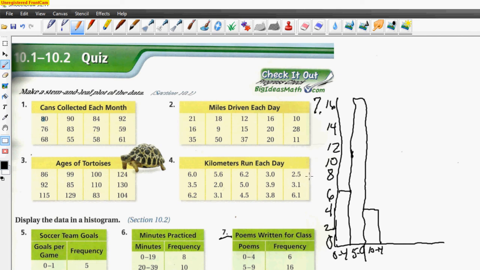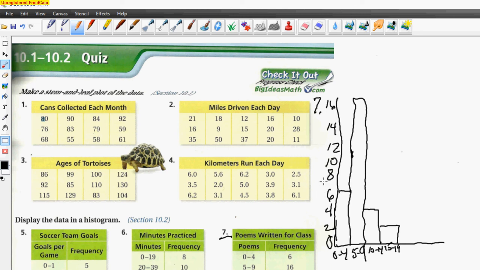And the next one we have is 15 through 19, and that was 2. So 2 poems. That's the actual frequency. And put that right here. And that right there is categories 15 through 19.